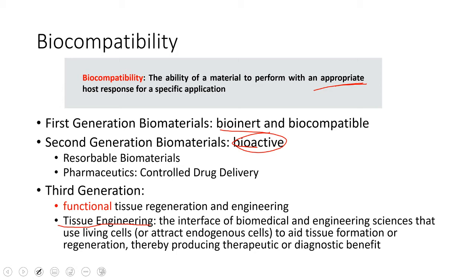An example of this would be to create a scaffold to make a functional organ or functional tissue. That would be a very solid example of a third generation biomaterial.